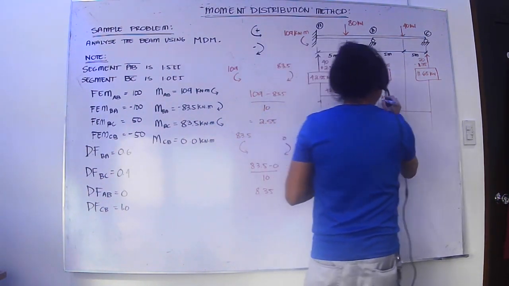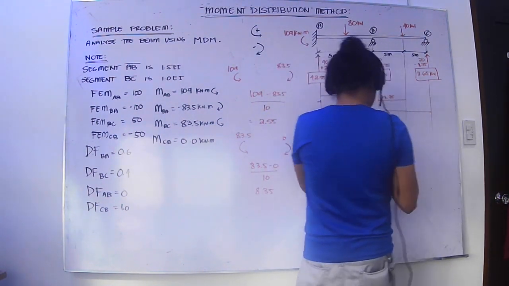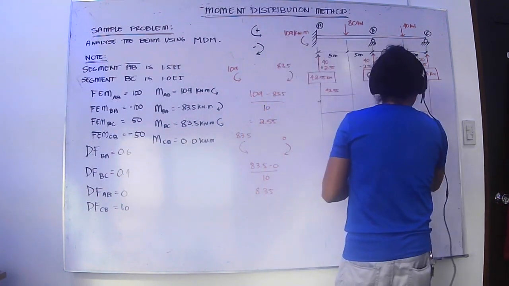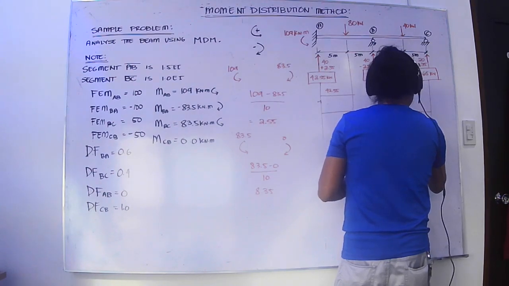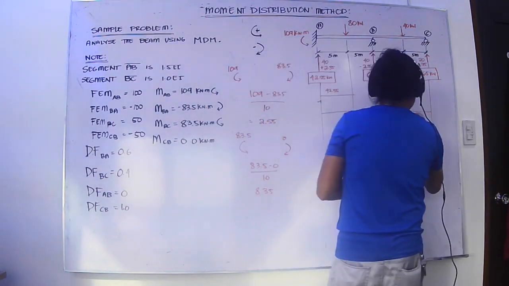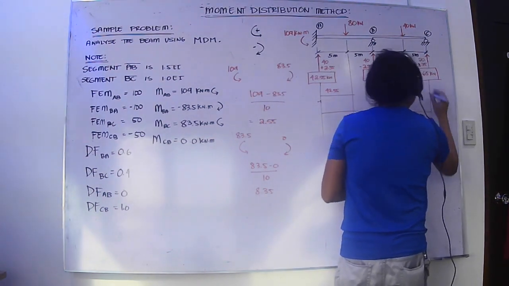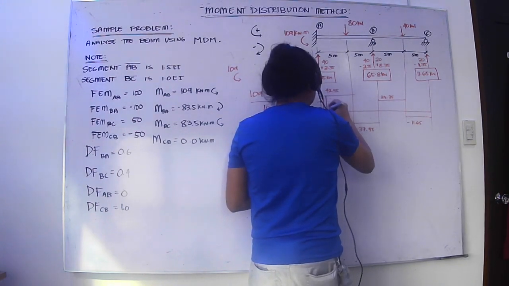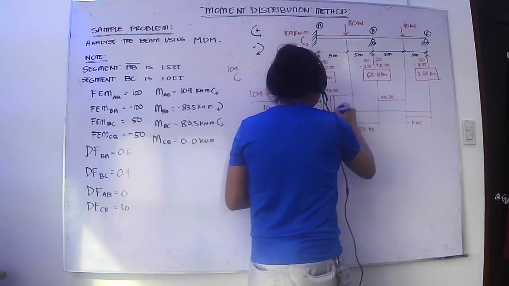No load here. Crossing the 40 kN load, minus 40 gives negative 11.65. There is no line load here, so it stays constant. Plus 11.65 gives 0, and we obtain our equilibrium.